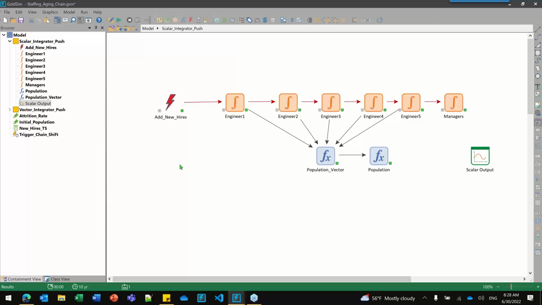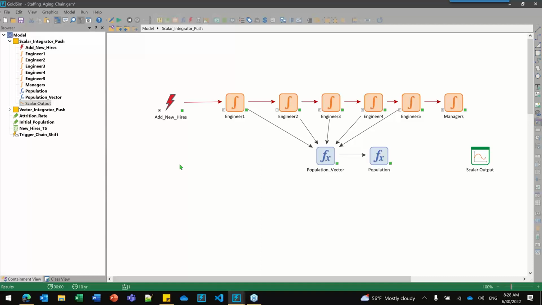For example, what if you are really looking at, I have a demand for managers? Well, that means you need to be proactive 5 years in advance on your new hires. And so you would have to do a look ahead, essentially. And those things can be easily done in GoldSim.